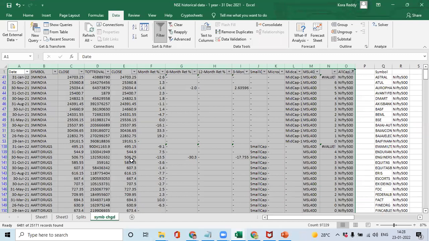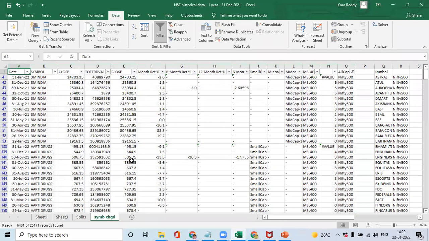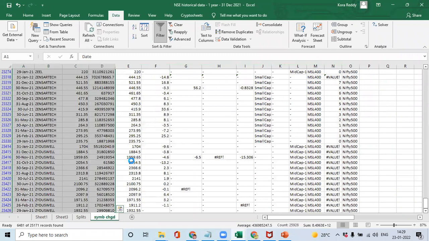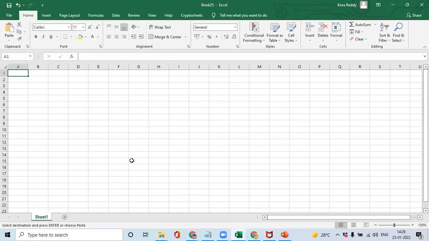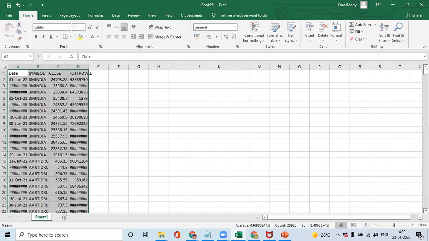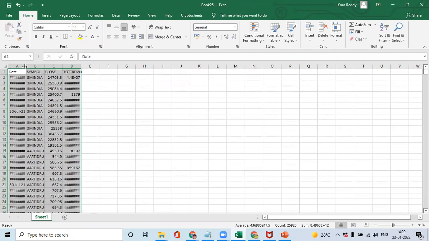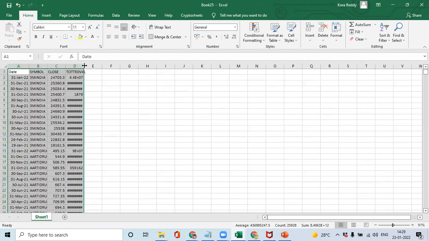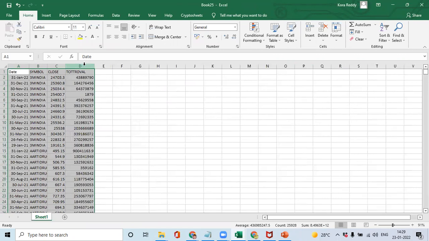Okay, we got the list and the data. We are not interested in all this. We are only interested in price, dates and symbols. Just keep it in a new sheet. So these are all your Nifty 500 stocks and their price.